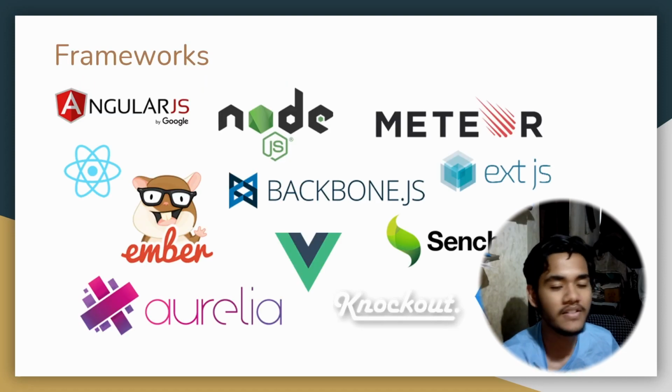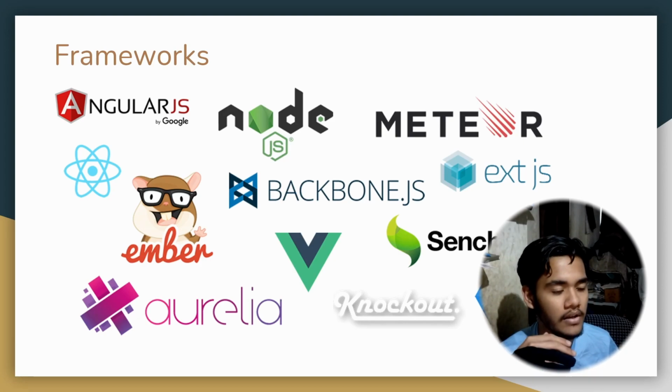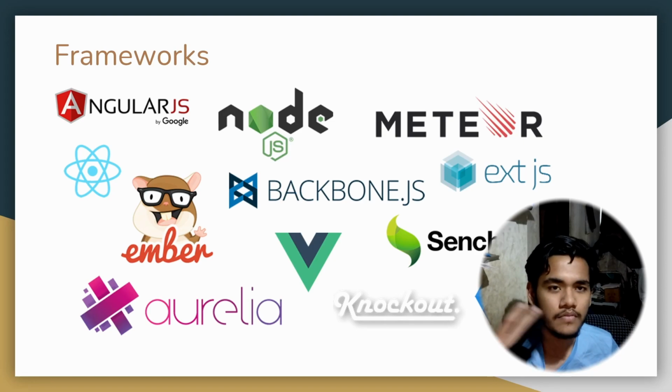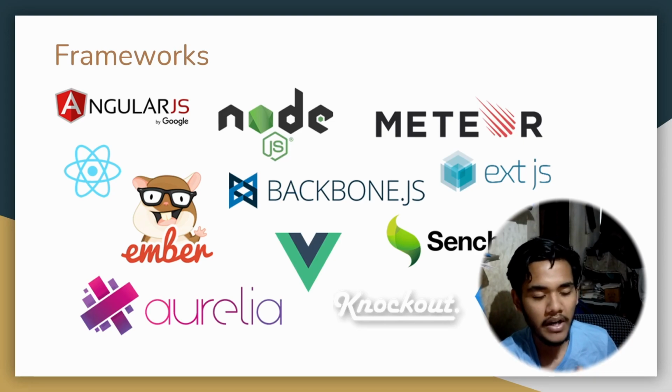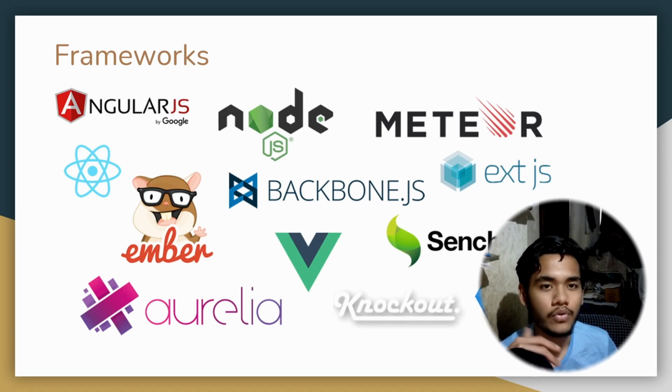Okay. So these are some frameworks that JavaScript is being used with, like AngularJS, React.js. I think you might have heard some of these. If not, it's totally okay. Basically, JavaScript combined with all these frameworks allows us to create various applications.